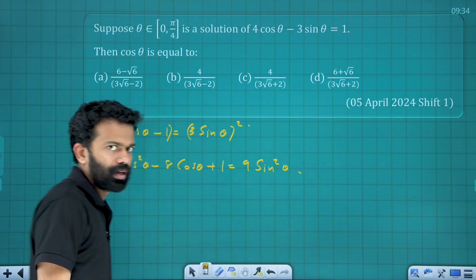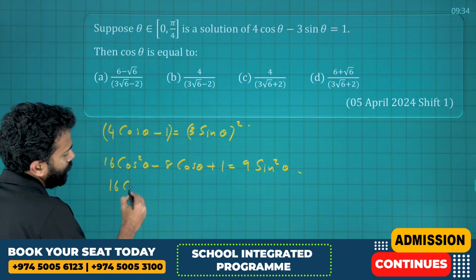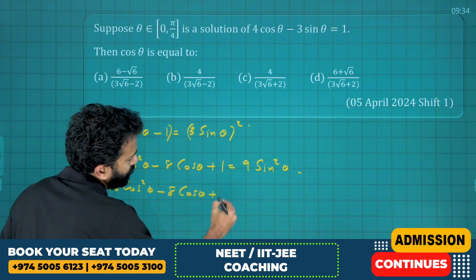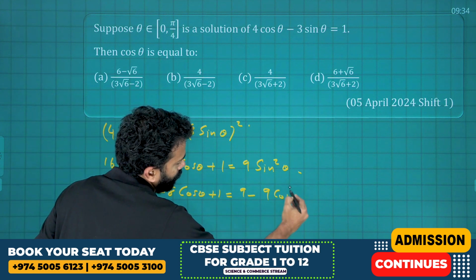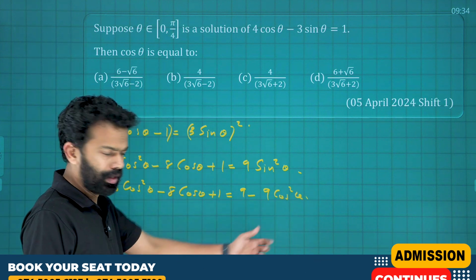Now it's easy. You can convert sin square theta to cos square theta. That is 16 cos square theta minus 8 cos theta plus 1 equal to 9 minus 9 cos square theta, since sin square theta is 1 minus cos square theta.